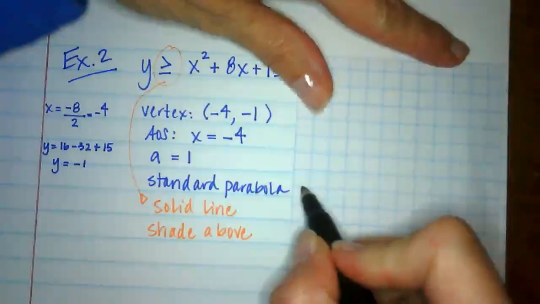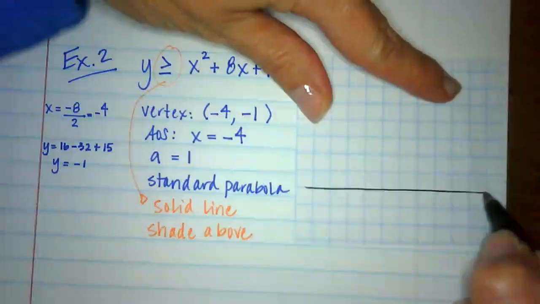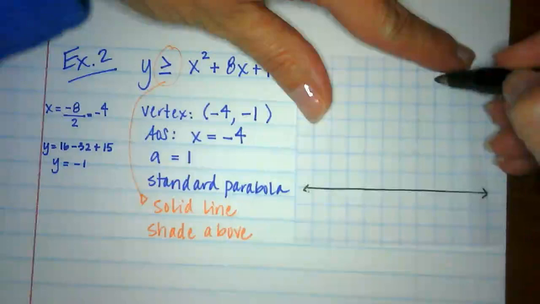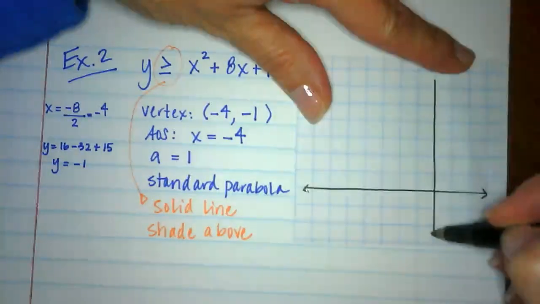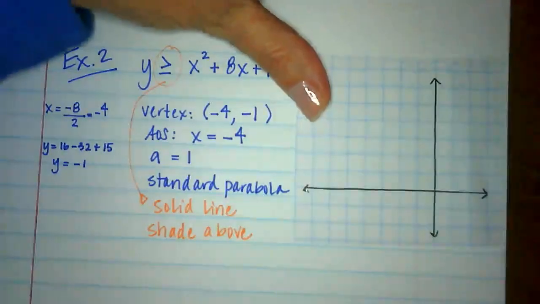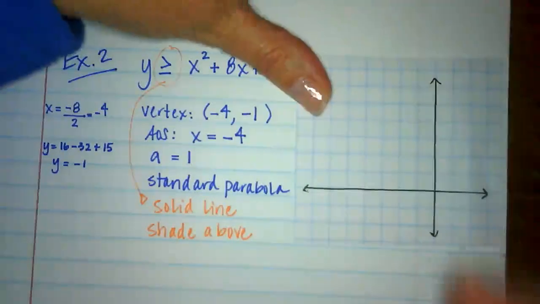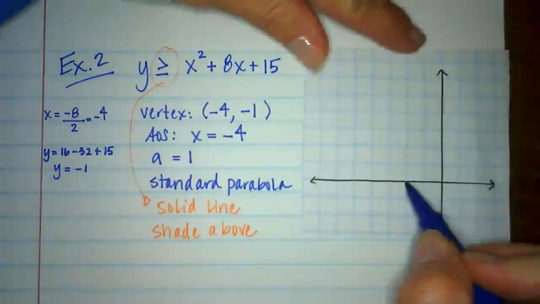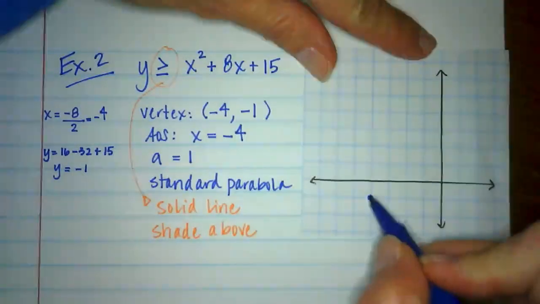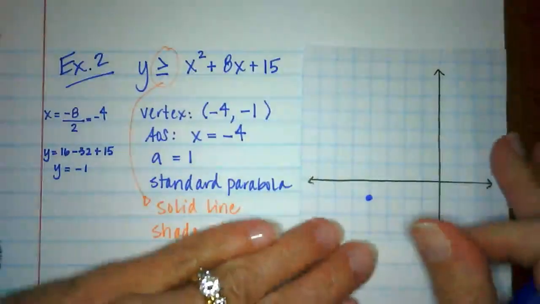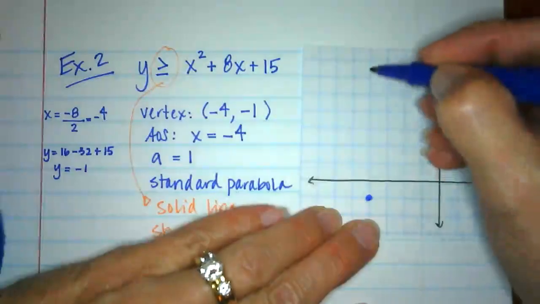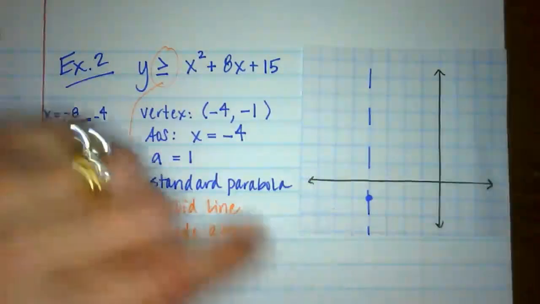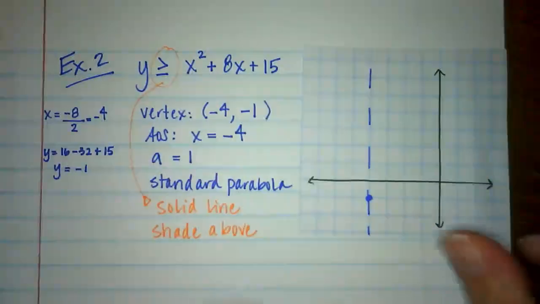I'm going to make my x-axis down here and my y-axis over just a little bit. First thing we need to do is plot our vertex. So -4, -1. There's our vertex. Our axis of symmetry is right there going through the vertex. It's a vertical line at -4.